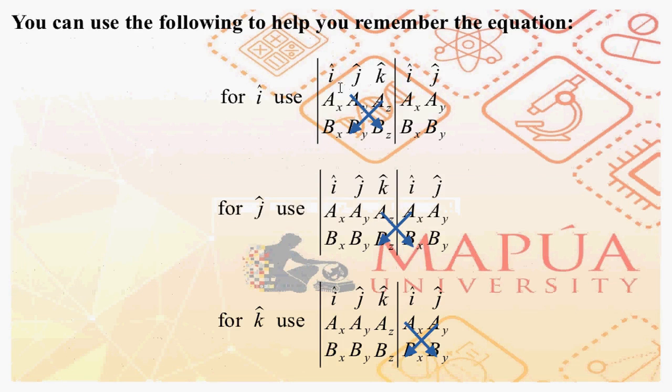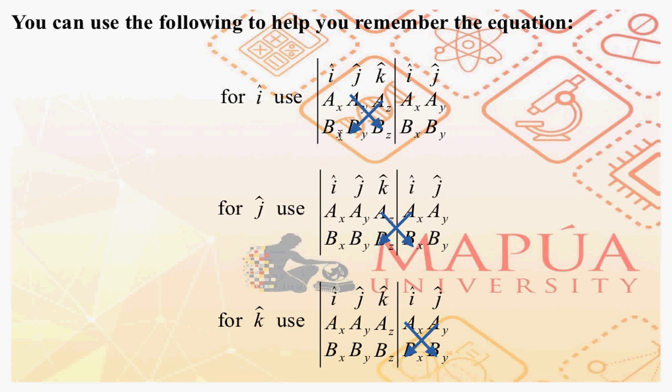Or you can use the following matrix method to help you remember or to help you derive the equation. Write down the components AX, AY, AZ of the first vector, and then the components of the second vector, BX, BY, BZ.